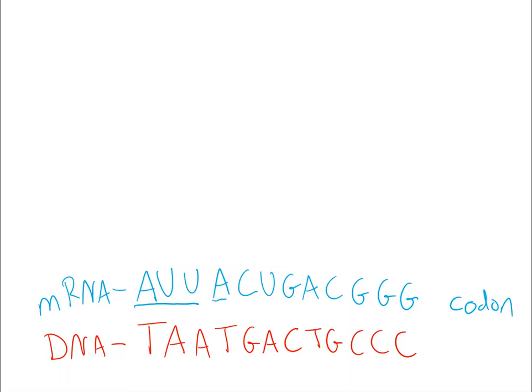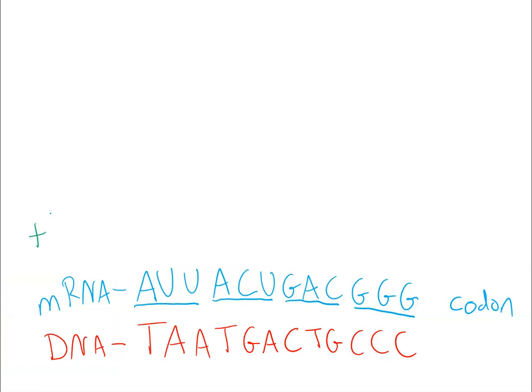This particular mRNA has 4 codons in it, and I've just underlined each and every codon. A single mRNA molecule can have multiple codons, basically 1 codon for each amino acid that's going to be found in the protein.